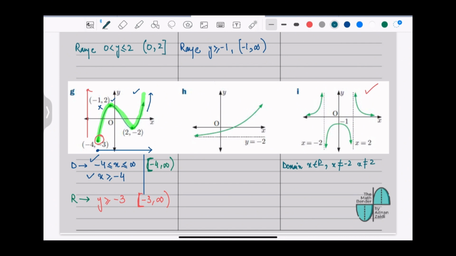You can also write the domain in this manner: -infinity till -2, -2 till 2, which means -2 and 2 are not part, and 2 till infinity. For the range, similarly, y belongs to the real numbers and y is not equal to 0.